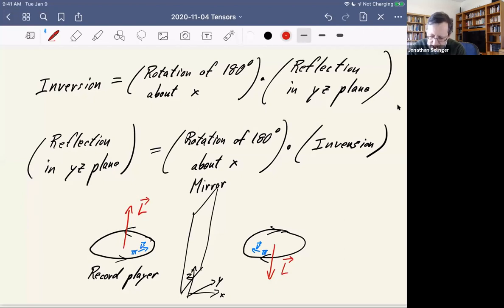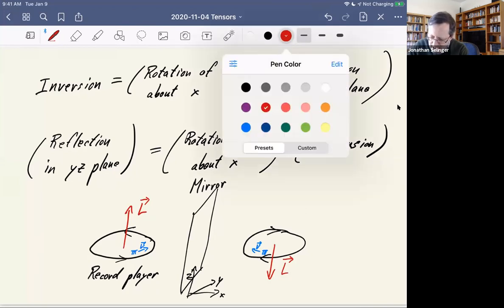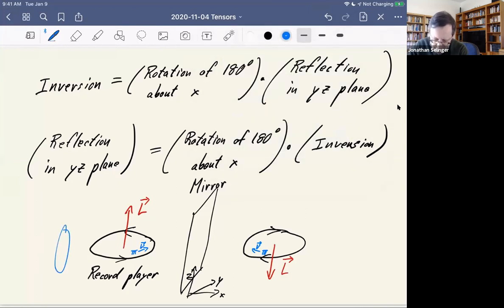Let's think about that. Okay, so suppose the disk is spinning this way. Right. Okay, and over here it looks just the same. So if the disk is spinning this way, and it has an L like that, and here it looks just the same, so it still has an L. So the angular momentum is the same when you do this reflection operation, right?